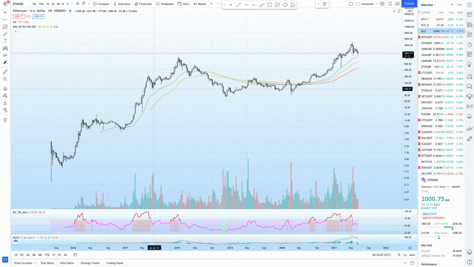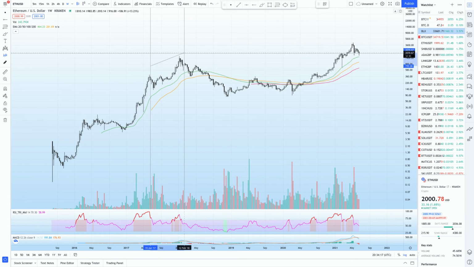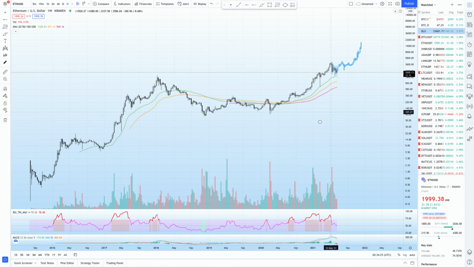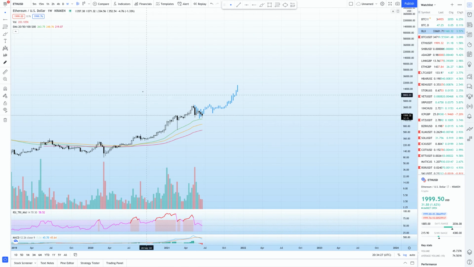So again, looking at a previous all-time high in that 2017 bull run, we can grab the bars from there and literally scoot them straight over to where we currently are.